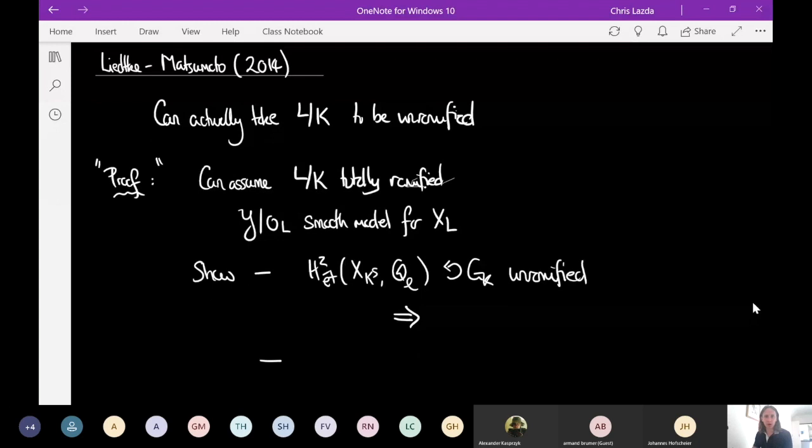And then what they did is take a smooth Y for the base change of X to L. And what they show is that if the Galois action on H2 is unramified, then the natural Galois action on the base change X_L, so the Galois group of L over K, sorry, I should say, I can assume it's totally ramified and Galois.